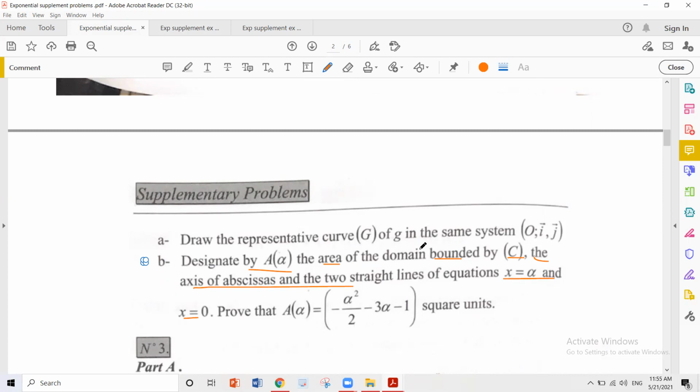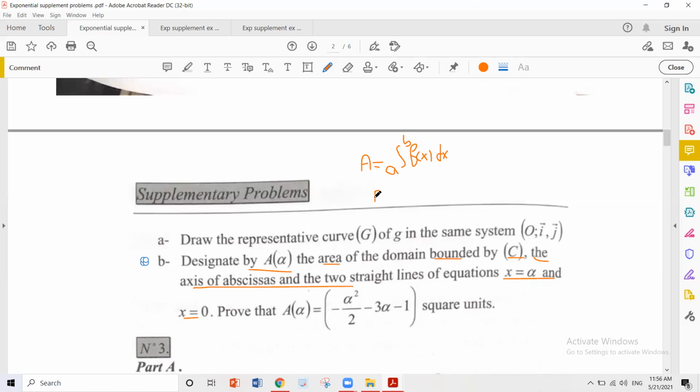What's the rule for area between C and the x-axis? The area by definition between C and the x-axis is the integral from a to b of f(x) dx, between the curve and the line.